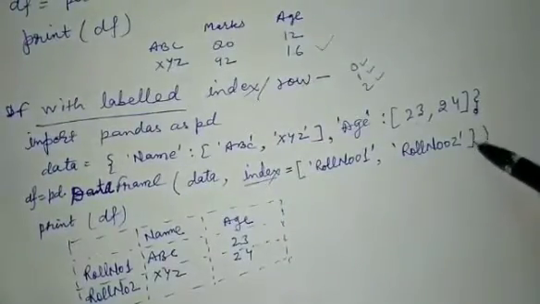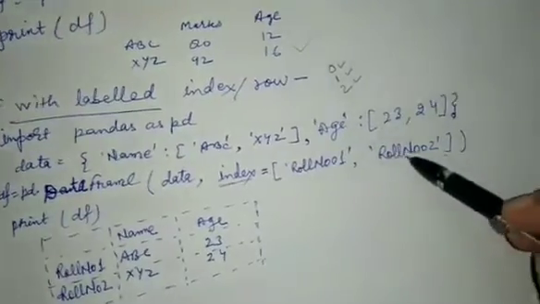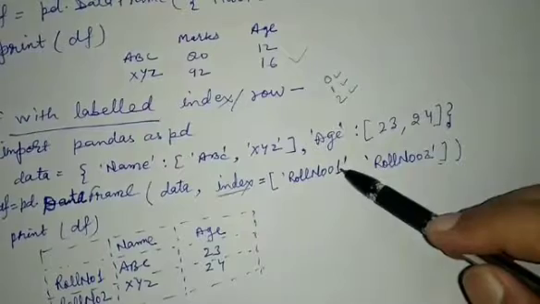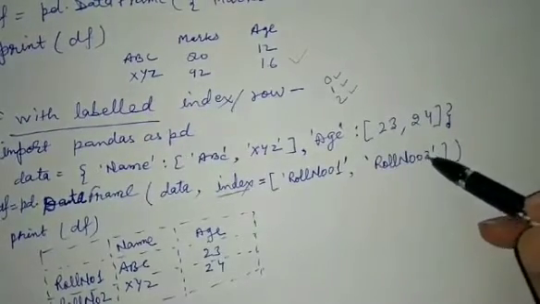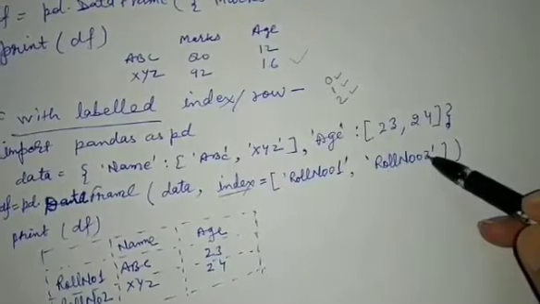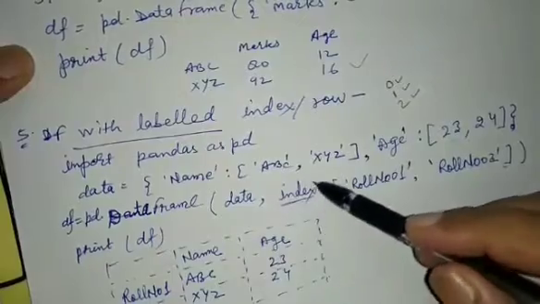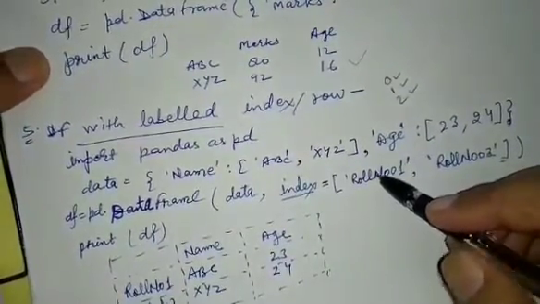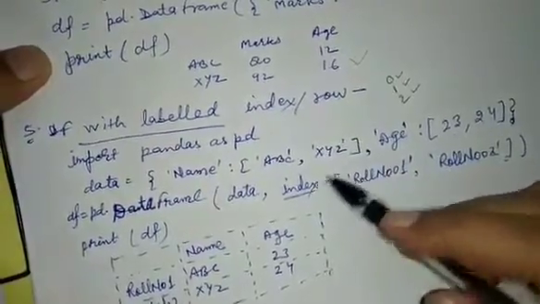Provide a list of elements, roll number 01 and roll number 02. So roll number 01 will be the label for the first row and roll number 02 will be the label for the second row. So how can we label the rows? Using the index keyword. And how can we name the columns? Using the columns keyword.